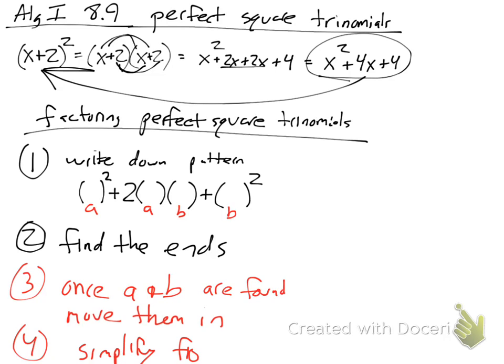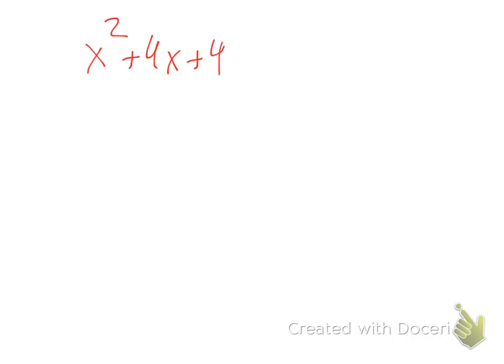Simplify the form. Very general. I want it to work for everyone that is a perfect square trinomial. Here's a trinomial. The question is, is it a perfect square trinomial? And if it is, I want you to factor it.